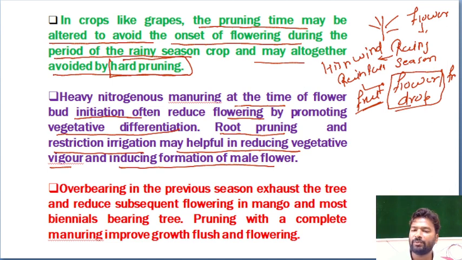It reduces flowering by promoting vegetative growth. In this case, if we go for root pruning and restricted irrigation, it reduces the vegetative vigor but induces reproductive growth.